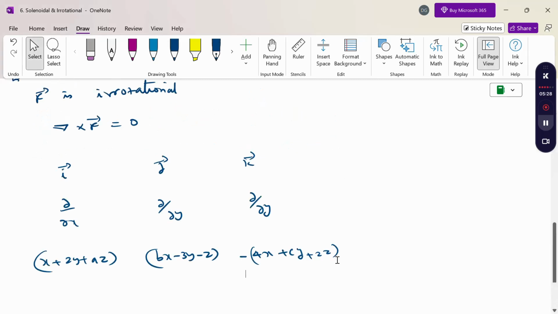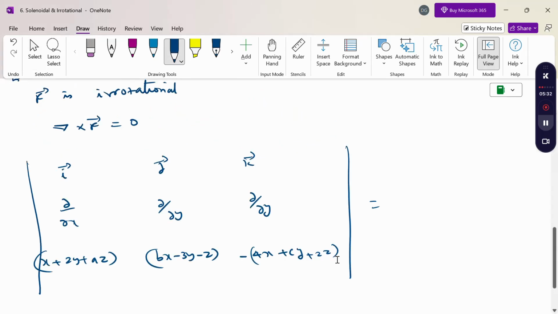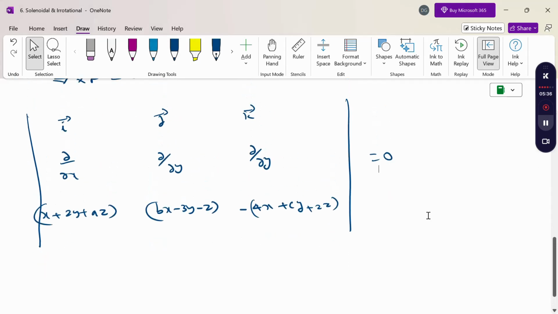Now this determinant equals 0. This is irrotational: when curl is 0, it's irrotational.